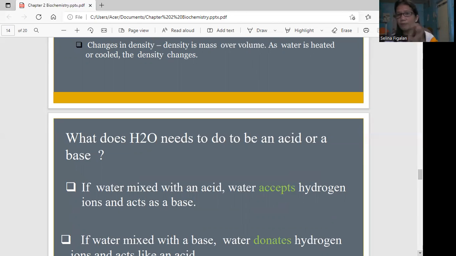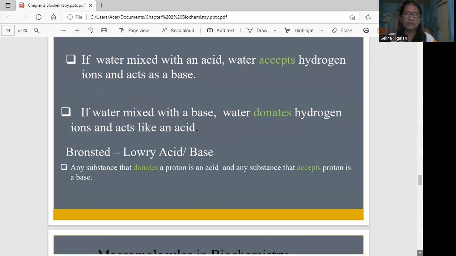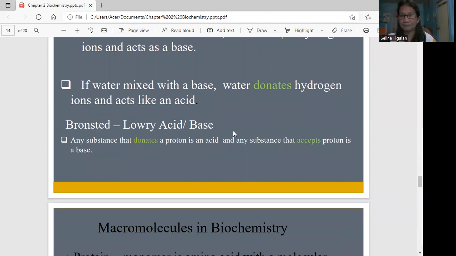Ako kasi pag gumawa, meron siyang nagiging quantitative na nagpapakita that this water, if combined to something, ginagamitan ko siya ng pH level. But pag qualitative kasi class, it depends on this Bronsted-Lowry acid base.